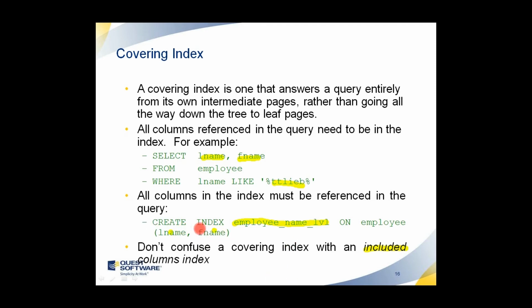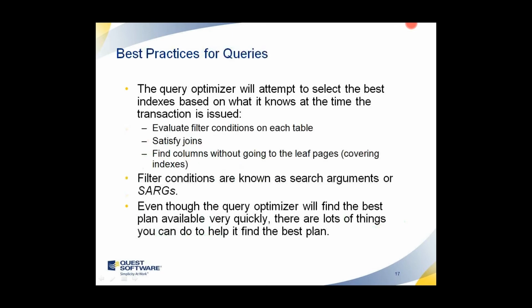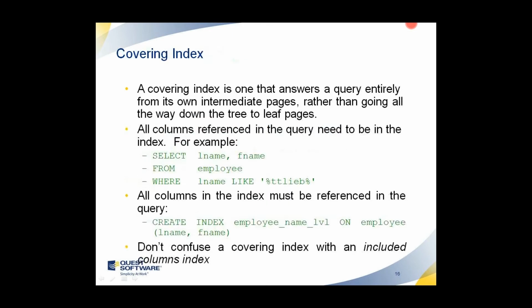That data is merely included side by side with the last name. It's not actually set up as a means of looking up data. It's just provided there for you to speed up the retrieval of data. So that's a lot about indexes, talking about how to build a covering index, an included index.